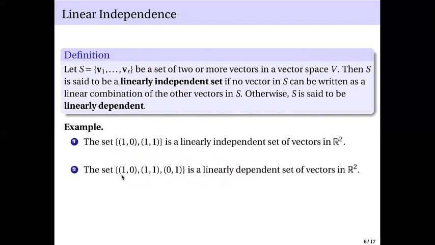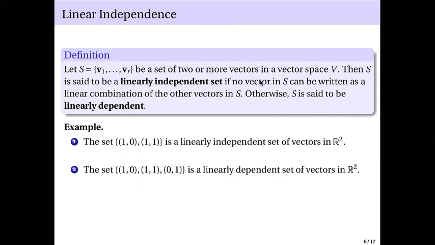For example, this set (1, 0), (1, 1), and (0, 1). This is a linearly dependent set. Okay? And by the definition of linearly dependent, we should be able to write at least one vector here in terms of the other two vectors. That's the negation of linearly independent.